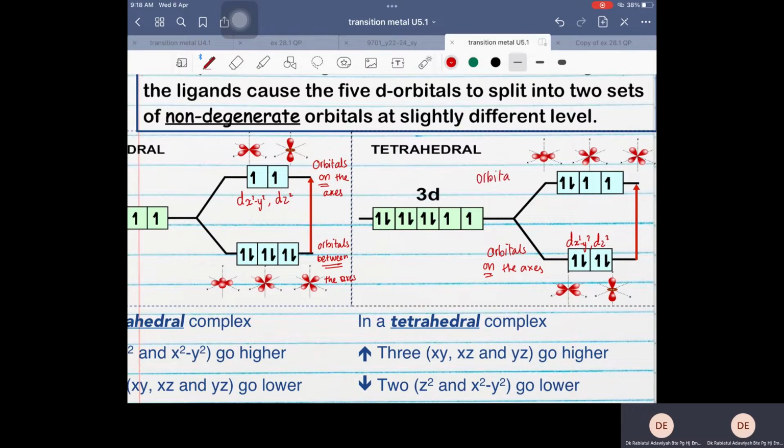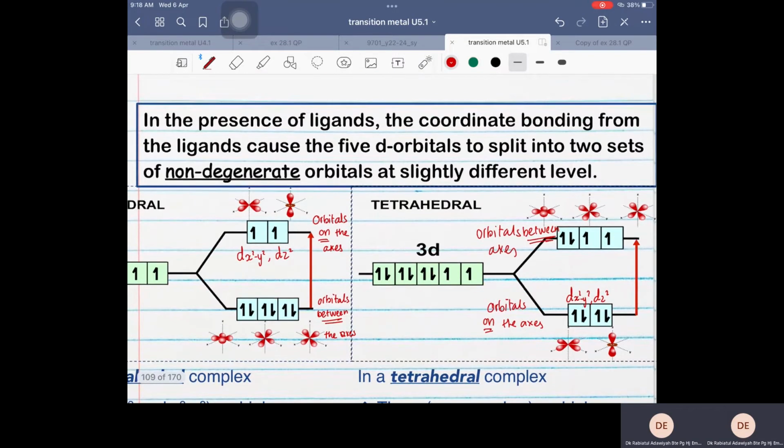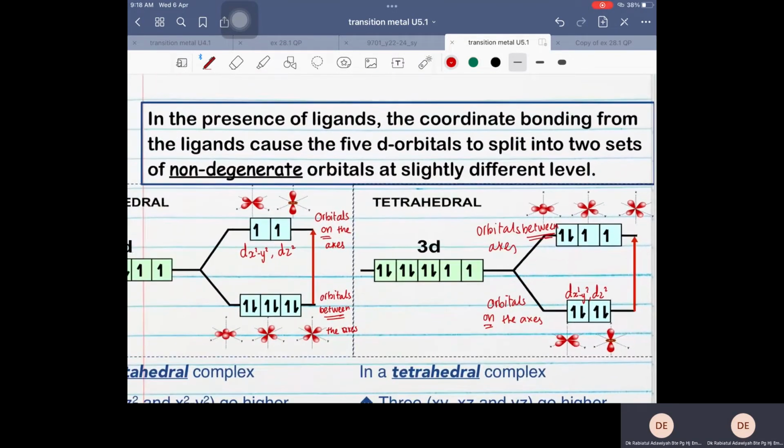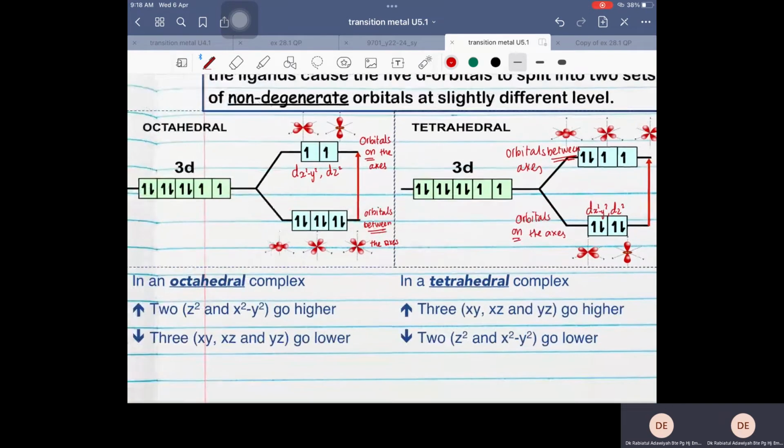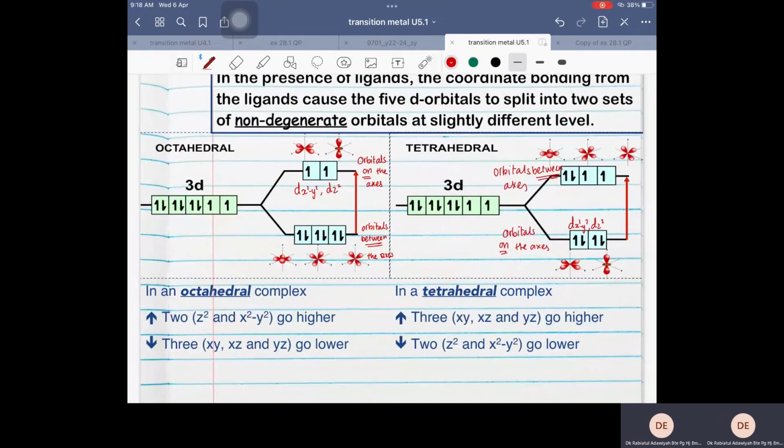So your orbitals between the axis feel the most repulsion. But the groups will always be the same. The ones that sit on the axis come together, and the ones in between the axis go together. It's just the different position in octahedral and tetrahedral.